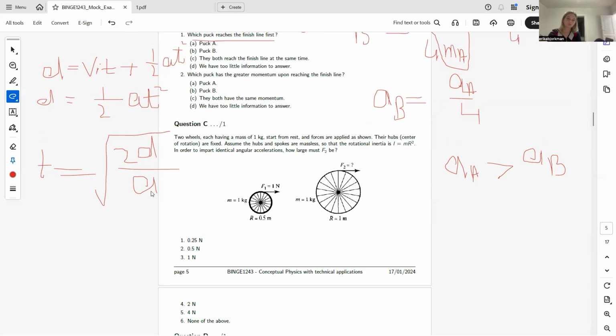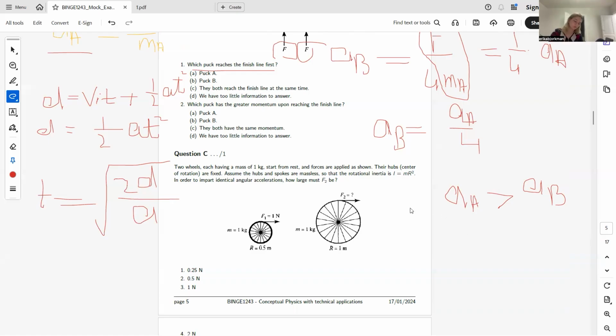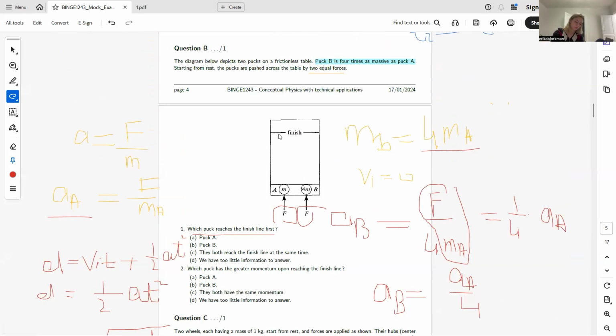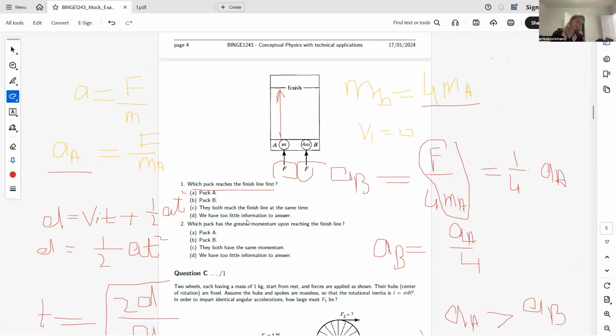If a body has a higher acceleration, it will take a shorter time to reach, and if a body has a lower acceleration, it will take more time to reach. As we know, acceleration of puck A is greater than B, so it will take the shorter time to reach the finish line. So we can consider that object A will take shorter time as compared to object B to reach the finish line. Is it clear? Yes.